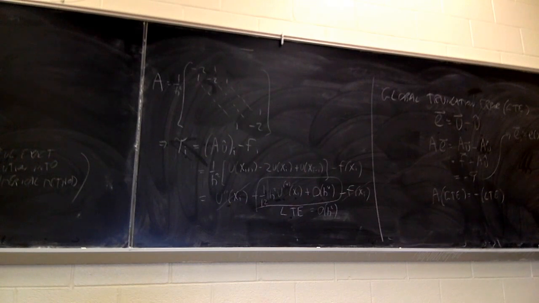E double prime of x is equal to minus tau of x. In the notes I have a minus on the other side too, that's not supposed to be there. On the interval 0, 1. And then same boundary conditions.